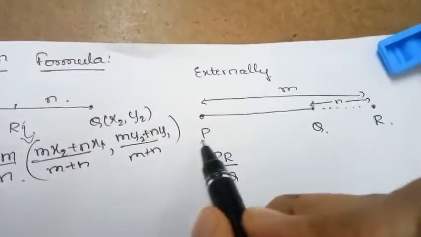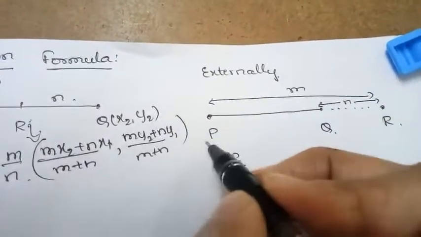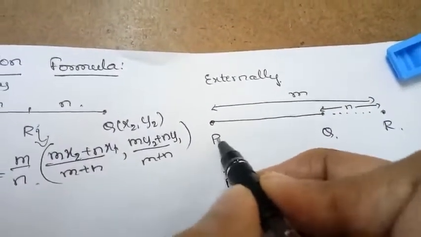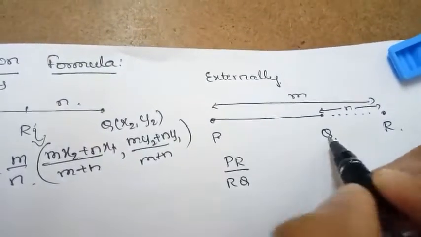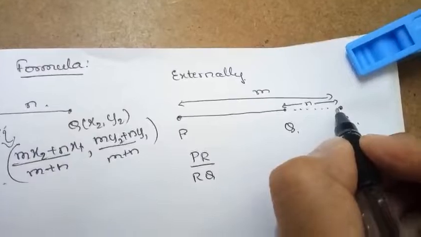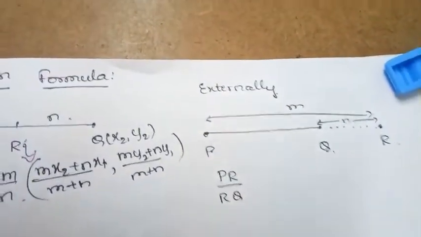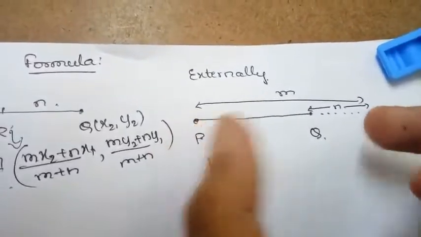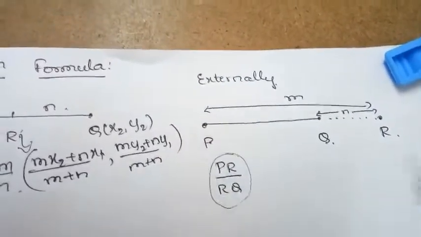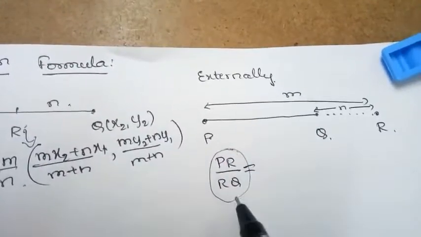Here, given points P and Q such that the coordinates of P are (x1, y1) and the coordinates of Q are (x2, y2), let R be the point such that it divides PQ externally, where again we are going to find the ratio PR by RQ.